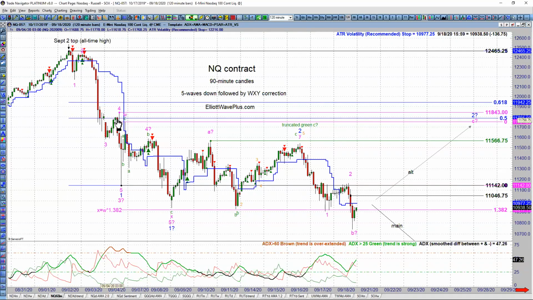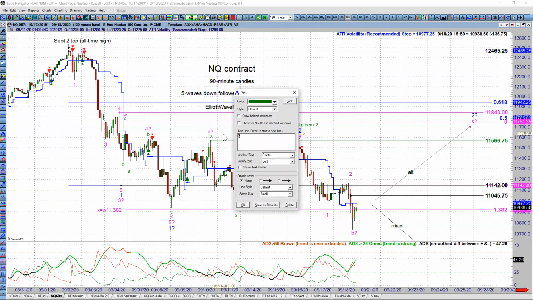Once again, there's a possibility of a triangle or running flat here for a 4, and that the 5 waves down didn't end until here. And then an ABC where wave C fell a little short of the top of A.